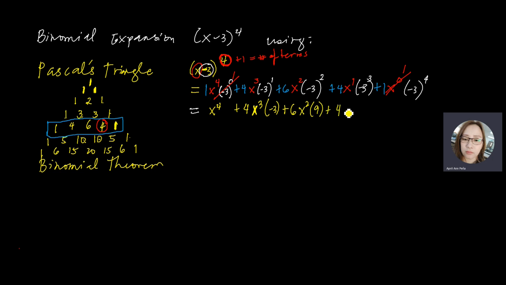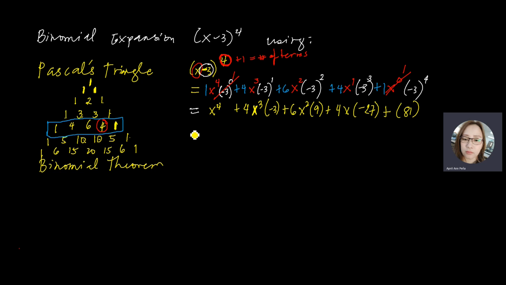Plus 4, x raised to 1 is x, -3 cubed. So that is -3 times -3 times -3, so that is -27. Then we do have plus, -3 raised to 4 is positive 81. Remember, any number you raise to an even power would be positive, and any number you raise to an odd power would be negative.